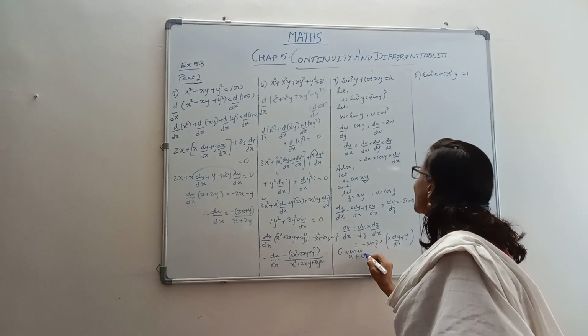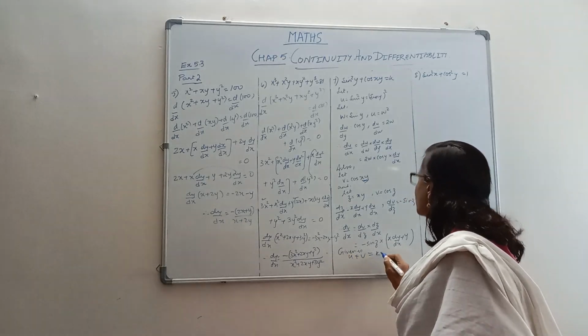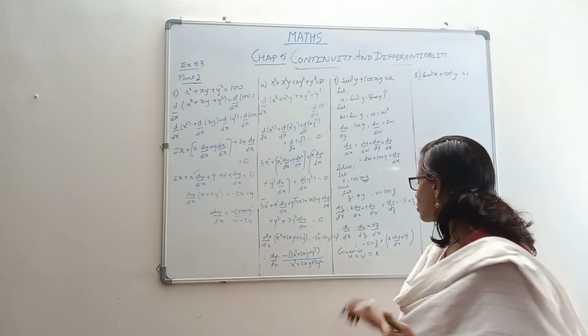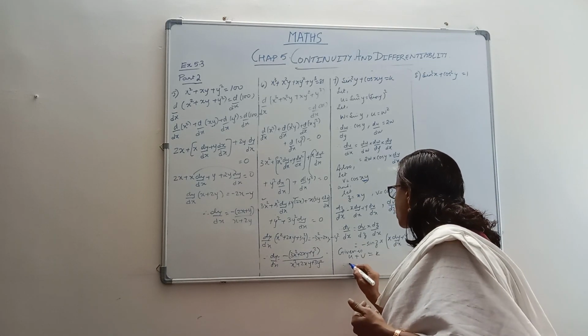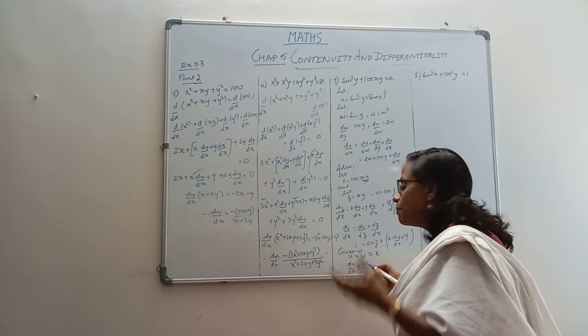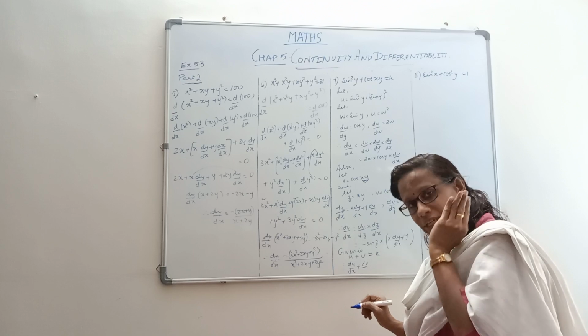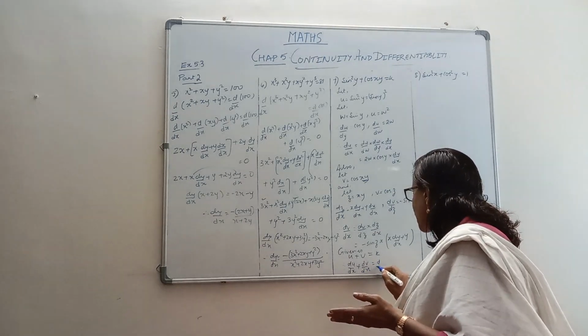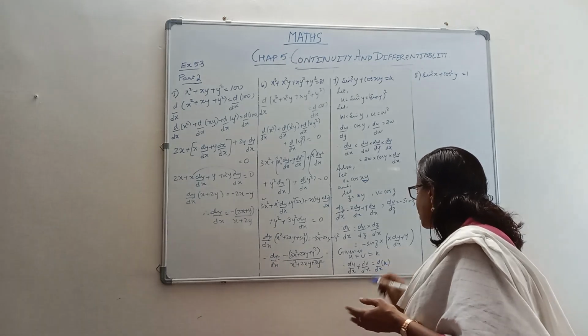Okay. Given is u plus v, actually, according to our assumption, equal to k, right? We want the derivative dy by dx. So first we will take the derivatives on both sides. It will be d by dx of u plus v, equal to d by dx of k.